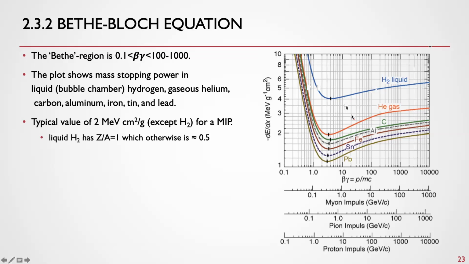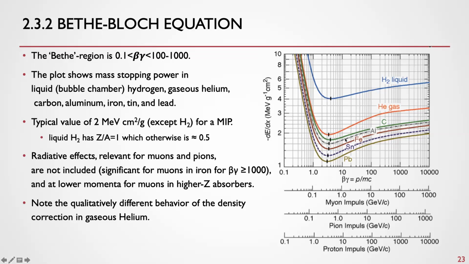Helium has a ratio of Z to A, so atomic number to nuclear number, of 0.5 because it has 2 neutrons and 2 protons. So because it is density normalized, hydrogen sticks out a little bit, but because the ratio of protons and neutrons is in the 0.5 ballpark, you can very well compare the rest of the materials.